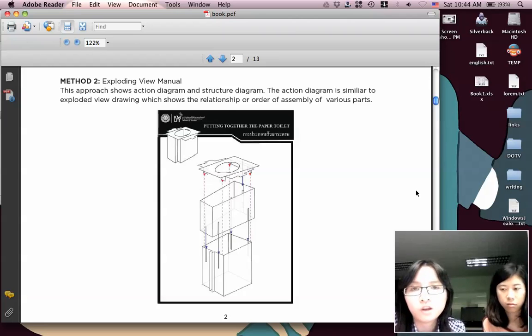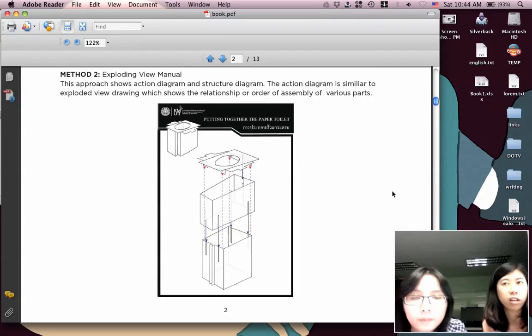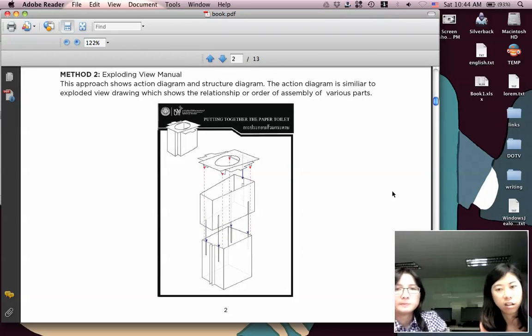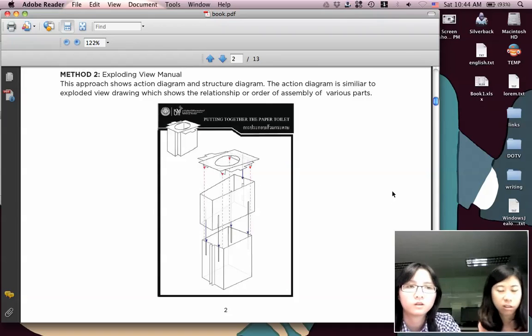For this method, we also have a finished picture version of this paper toilet at the top of the manual. But we had some problems with some users who thought that the finished picture of the toilet was a logo. So some people didn't know that that was the final, complete toilet.